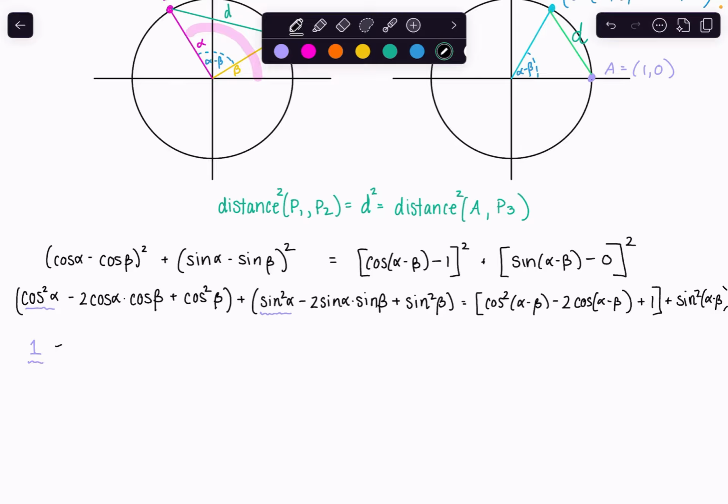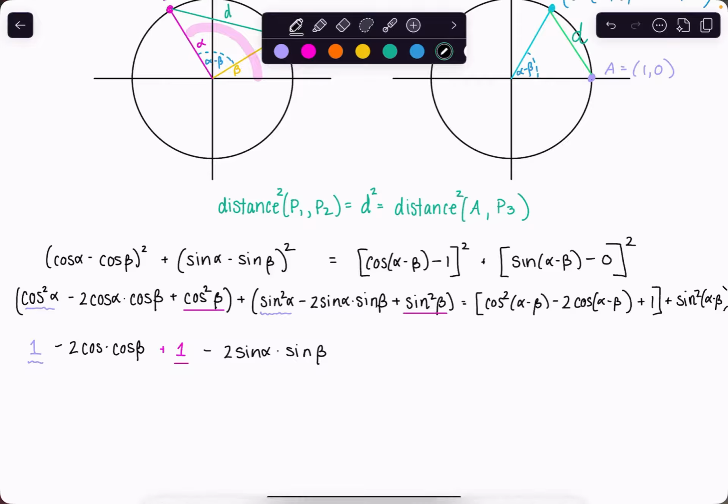Then the minus 2 cosine of alpha, cosine of beta stays untouched. Then I've got cosine squared of beta plus sine squared of beta. That also simplifies to 1. Okay. And then we've got the minus 2 sine of alpha, sine of beta.